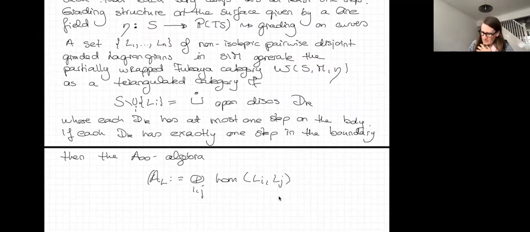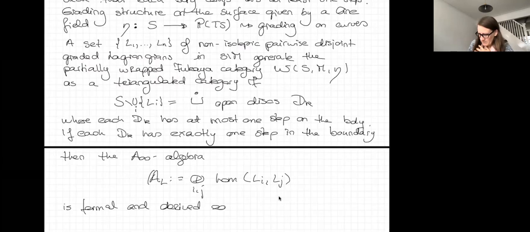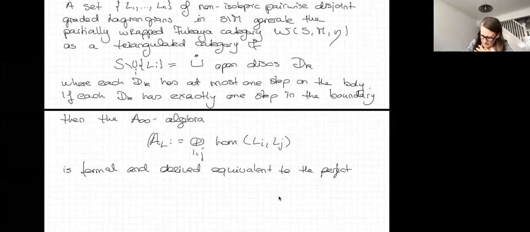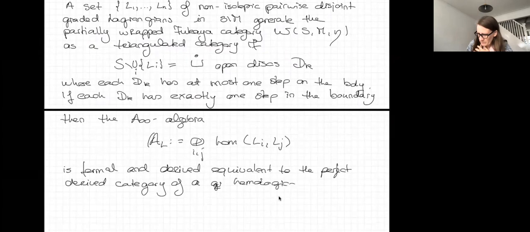Okay, so anyway, if each of these disks has exactly one marked point or one stop in the boundary, then this A infinity algebra is formal, and it is derived equivalent to the perfect derived category of a graded, well, of a homologically smooth graded gentle algebra with zero differential.